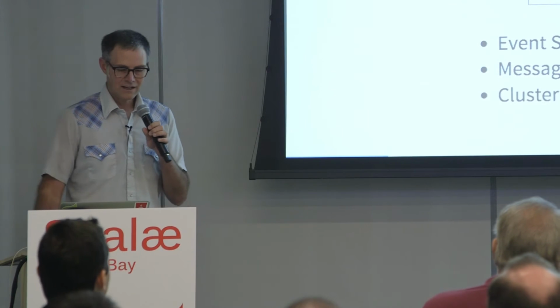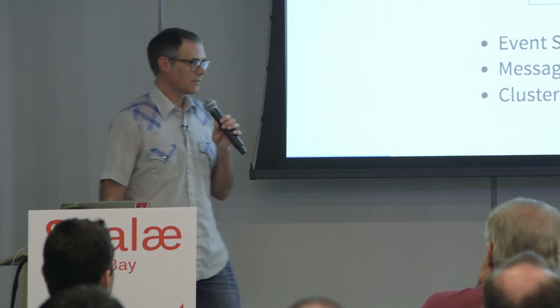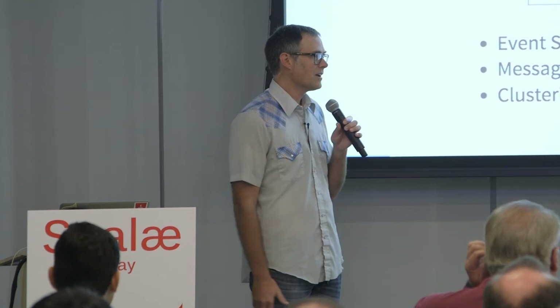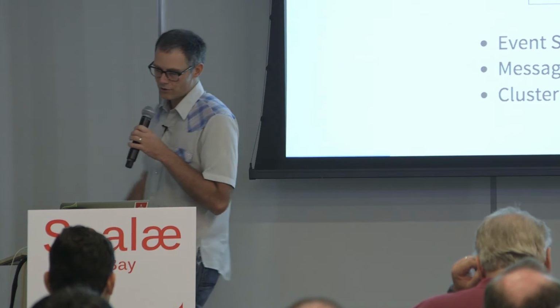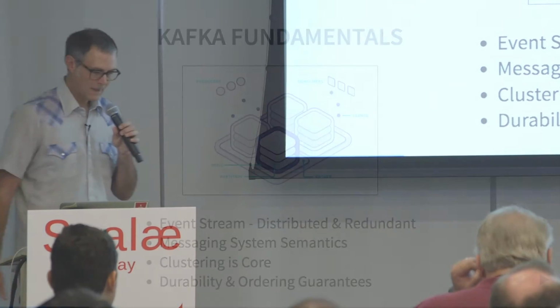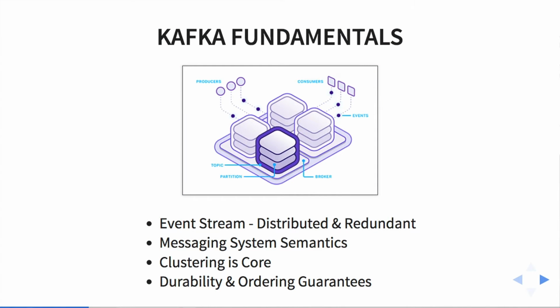One of the things that I really like about Kafka is that the clustering part of Kafka wasn't an afterthought. It was really one of the core design parts. It wasn't just bolted on later. It's really core to what Kafka is. Another core part of Kafka is that it provides durability and ordering guarantees.